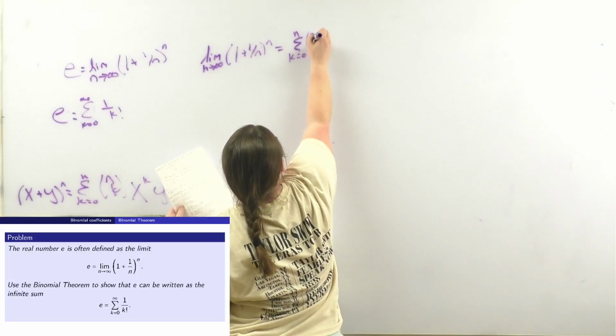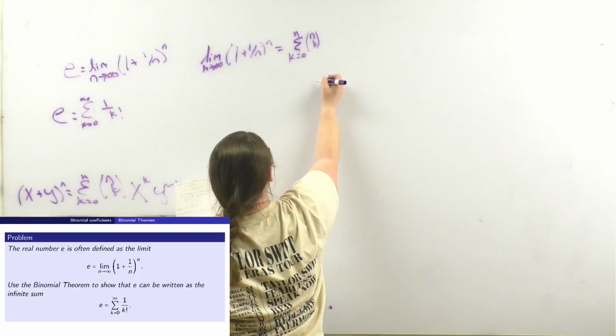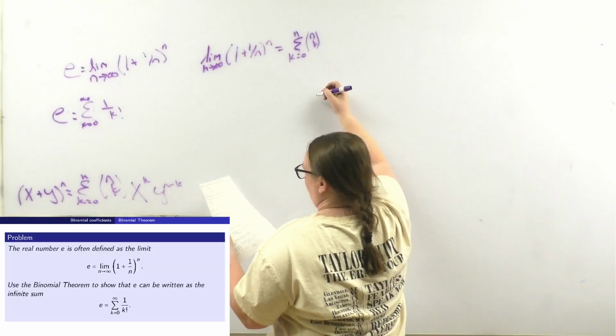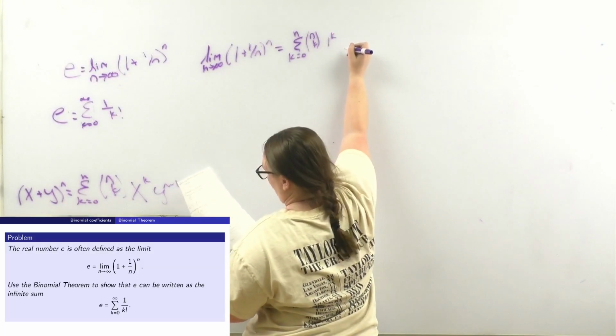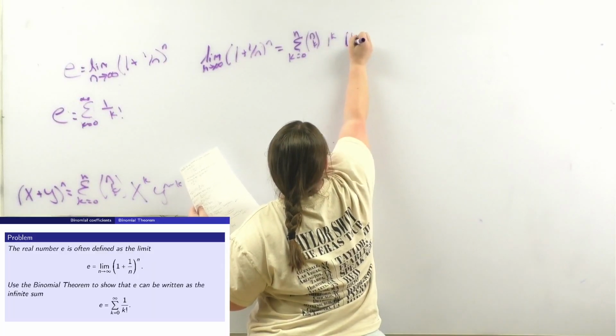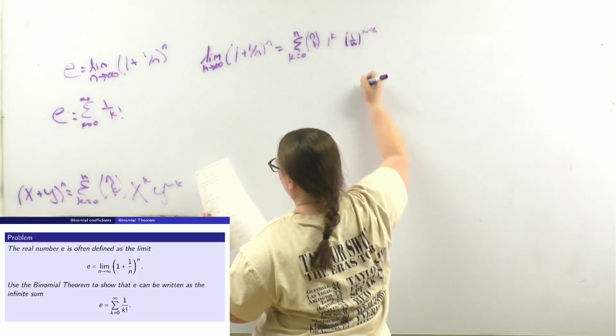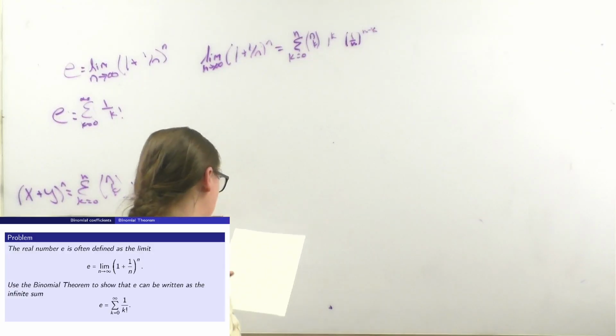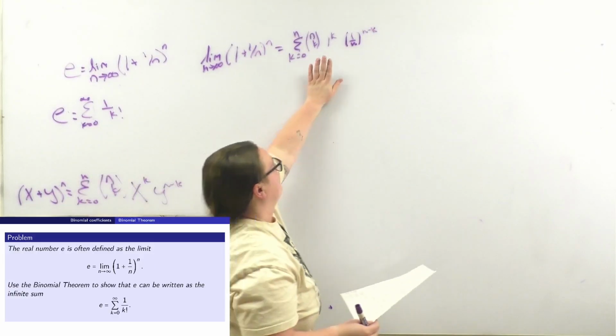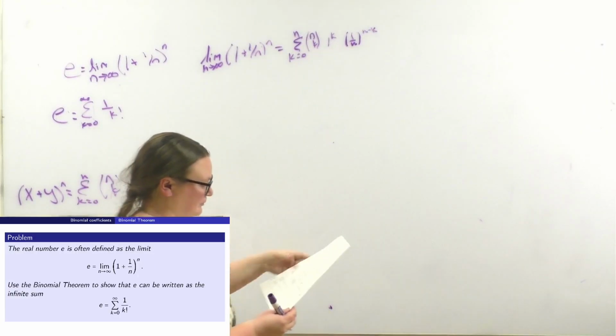Sum of n choose k. And then my x is 1. So 1 to the k, and my y is 1 over n to the n minus k. 1 to the k is this 1. Cool.